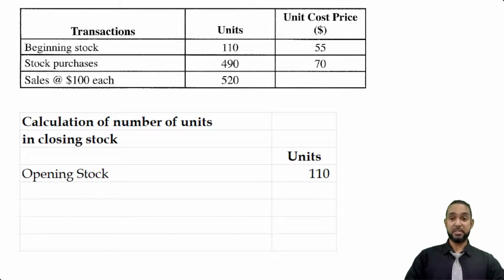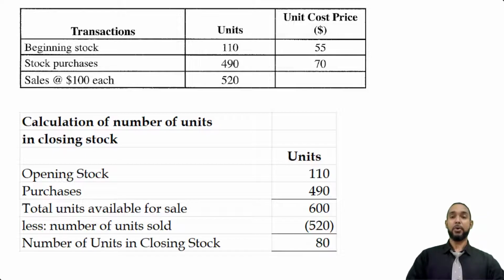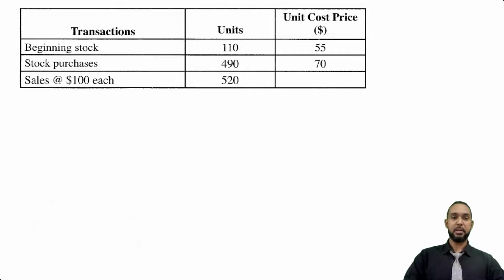Opening stock is 110 units, purchases is 490 units, so we have total units available for sale of 600 minus the number of units sold, 520, and we're going to have 80 units left, right? FIFO, LIFO, and AVCO only come into play when you want the value. That's why they're not just called stock valuation methods, they're also called cost flow assumptions. Okay? All right, let's take a look at the next part of the question.